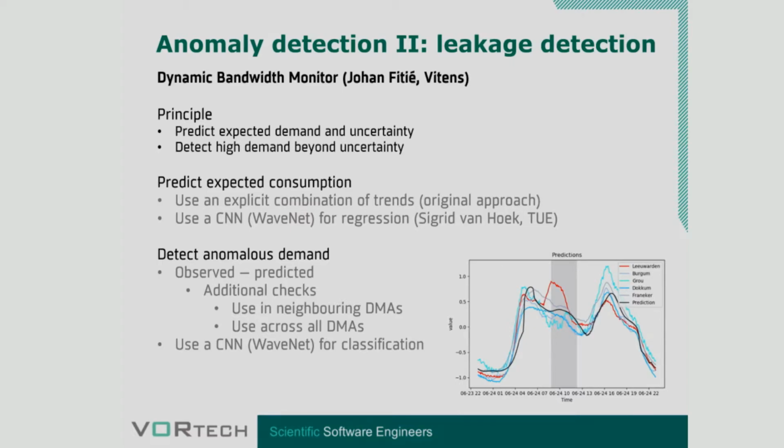So summarizing, the advanced stuff like CNNs do work for demand forecasting, but I think that was already known. And for classifying a leakage or not, very simple methods can be enough.